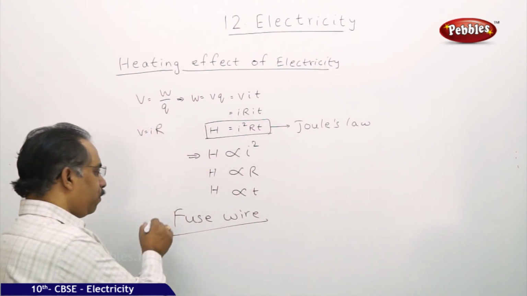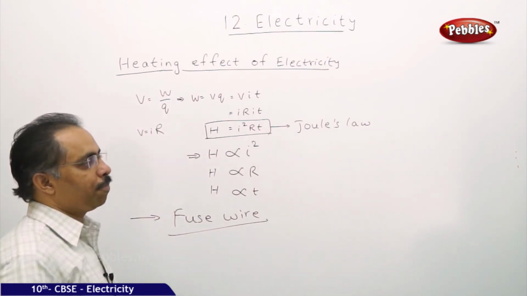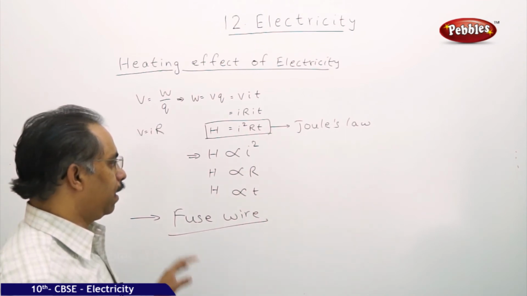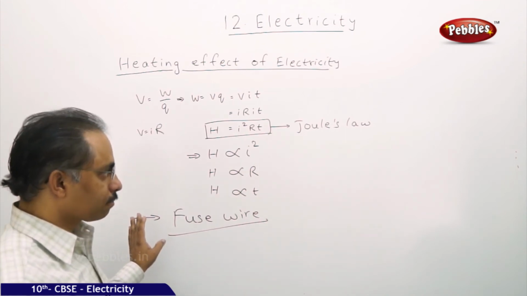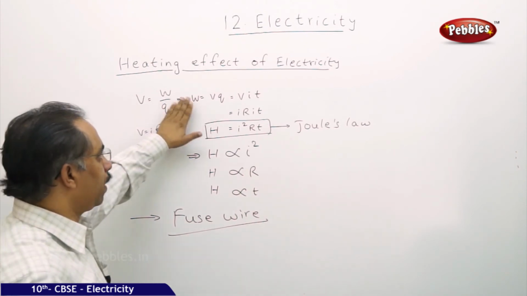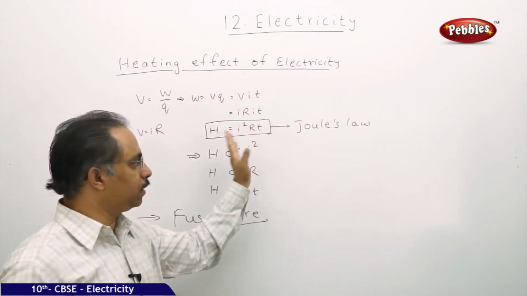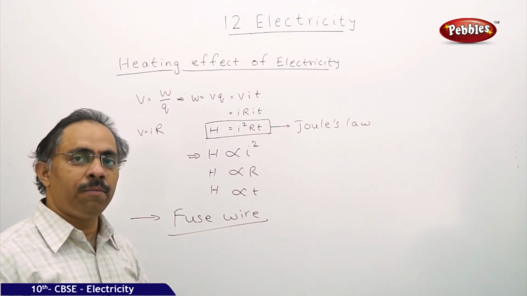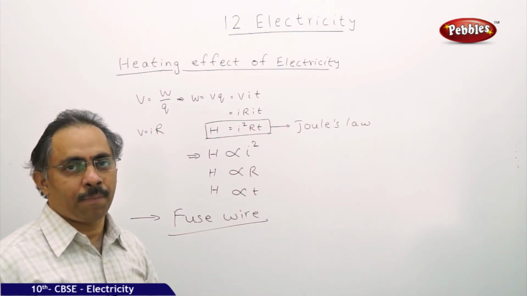That is the reason the fuse wire is most important in the heating effect of electric current. Now, when we discuss the work done and how it is converted, we will also be able to calculate the electric power.